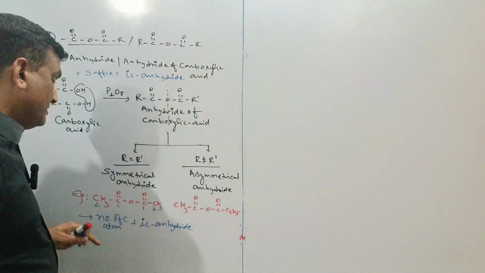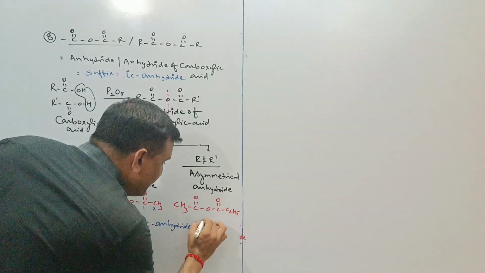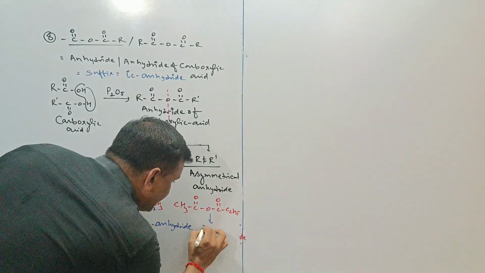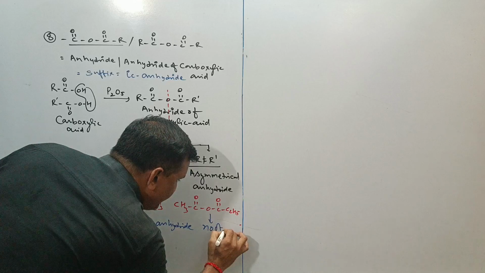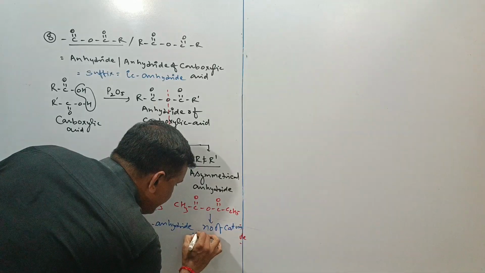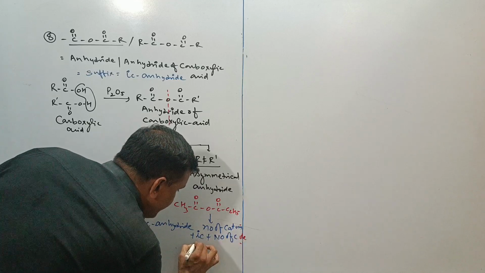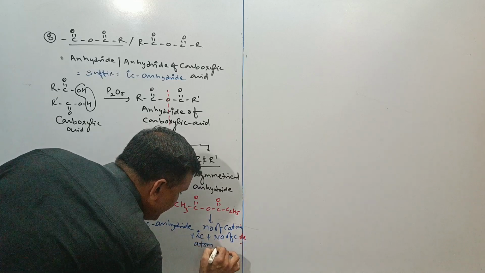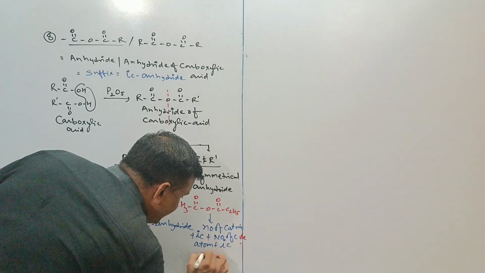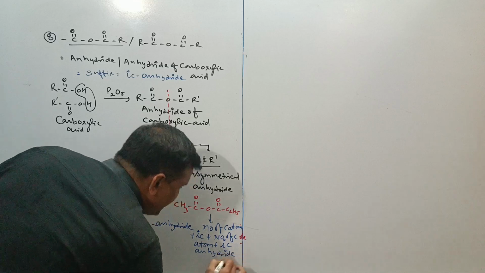So this is the number of carbon atoms and ic anhydride. For this it will be the number of carbon atoms plus ic, again the number of carbon atoms plus ic anhydride. "Ic anhydride" will be the name.